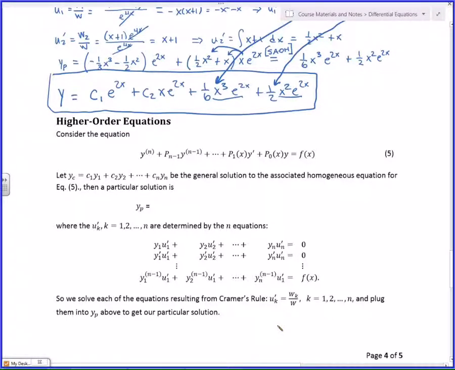Okay, last thing is we can take this to any order linear differential equation and use this technique. The only difference now is when we build this system, this equation right here. Say, for example, this was a cubic. Say we had 3 derivatives in there instead of just second derivatives.